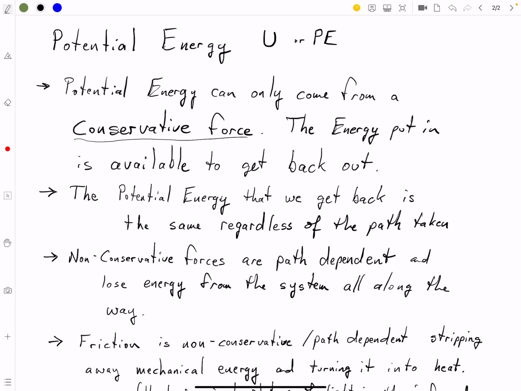So let's continue talking about potential energy, and I'm gonna beat a dead horse here, but I really need you guys to get this. Potential energy can only come from a conservative force, which means that the energy you put in is available to get back out, okay? That potential energy you put in, you're going to get back out regardless of the path that you took.